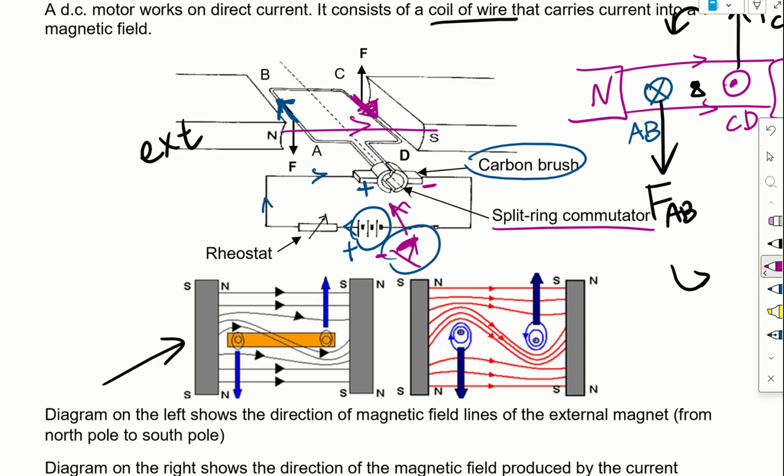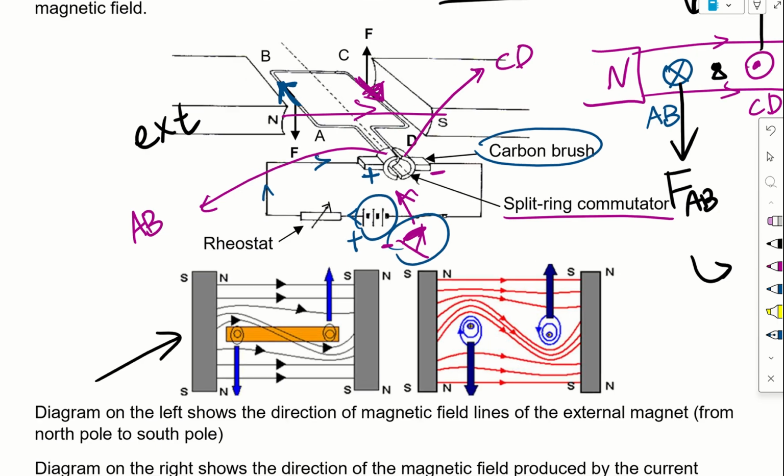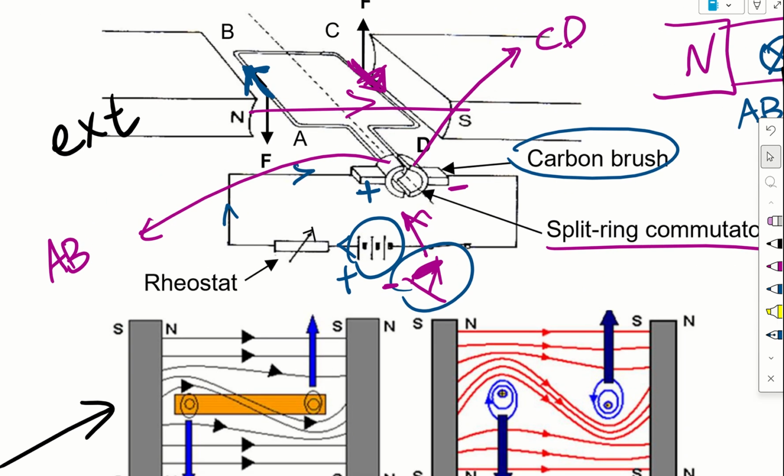How about the split ring commutator? I can say that this is the split ring commutator of side AB, and this is the split ring commutator of side CD. They belong to individual sides. Maybe I should use blue in color.